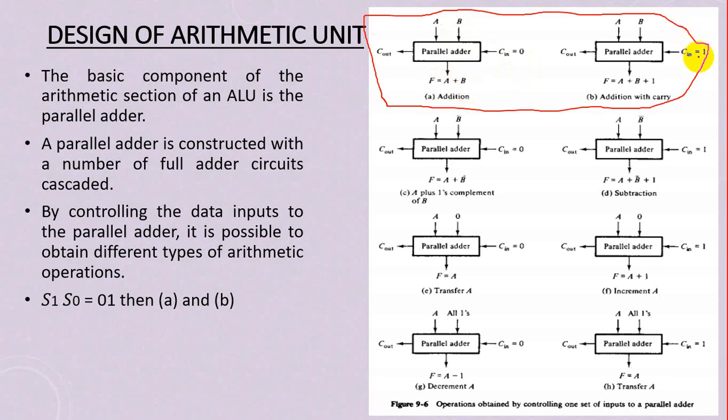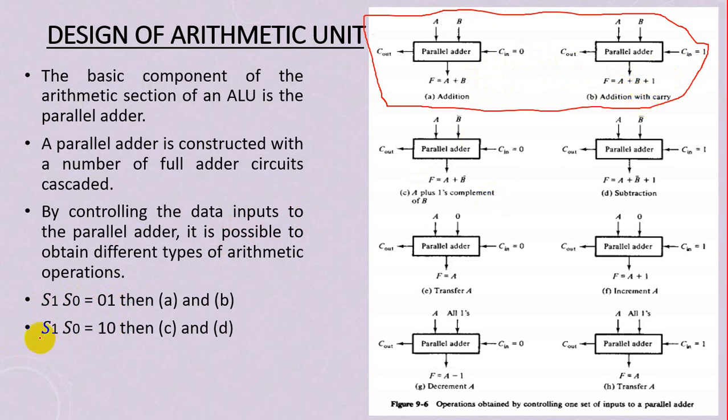And when carry in equals 1, it becomes A plus B plus 1, addition with carry. So when the selection between S0, S1 is 1, 0 or 0, 1, we get these two types of operation depending on the carry input. When the carry in equals 0, we get simple addition. When carry in equals 1, we get addition with carry.